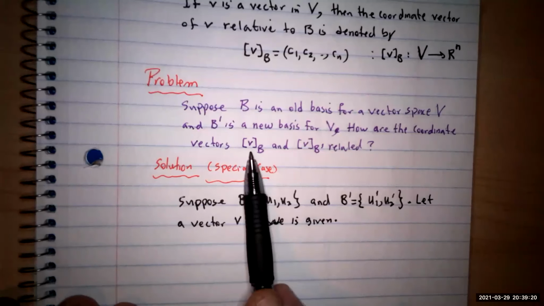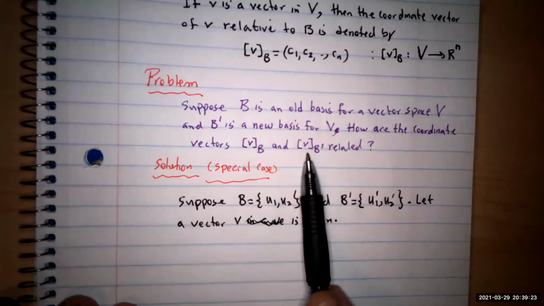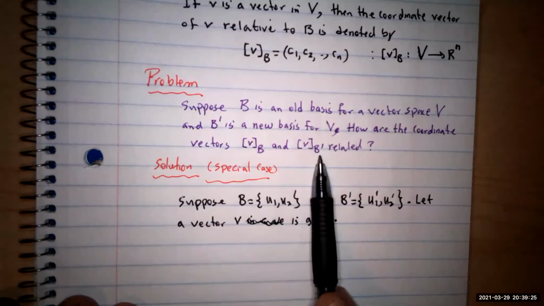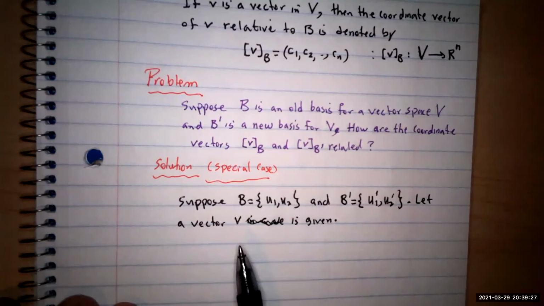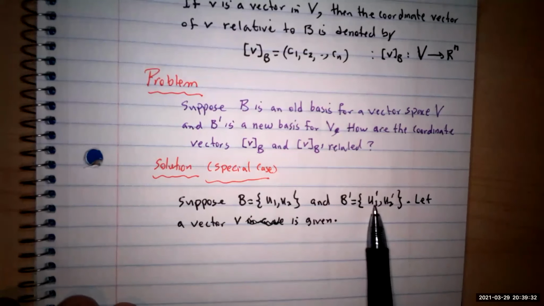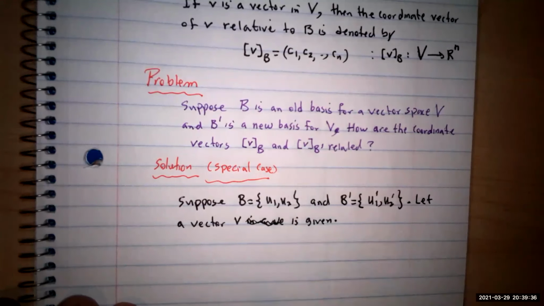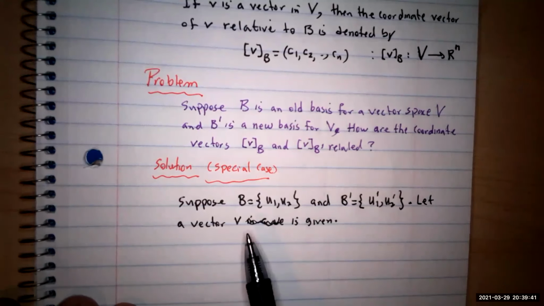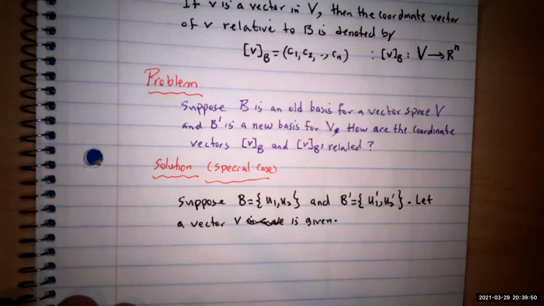You already got this one. You want to know what the coordinates are with respect to this new one. You know that you have to write V as a linear combination of these vectors to find the coefficients and get these numbers. But V is already given, so we got the linear combination of these two and we connect them together.